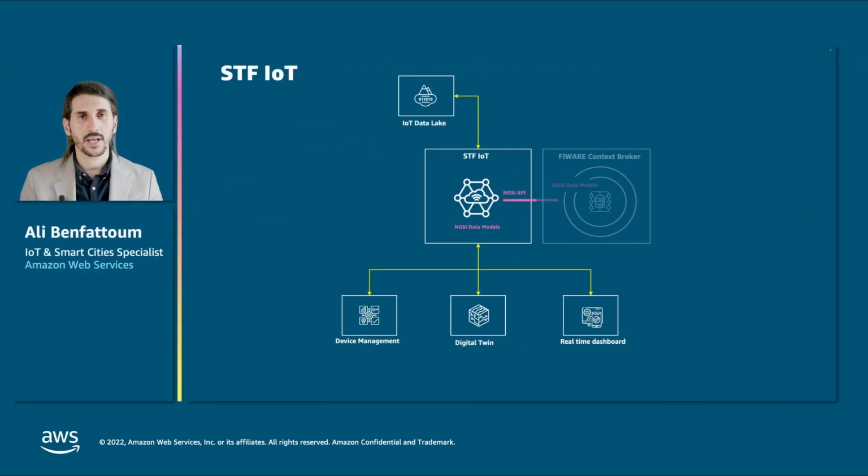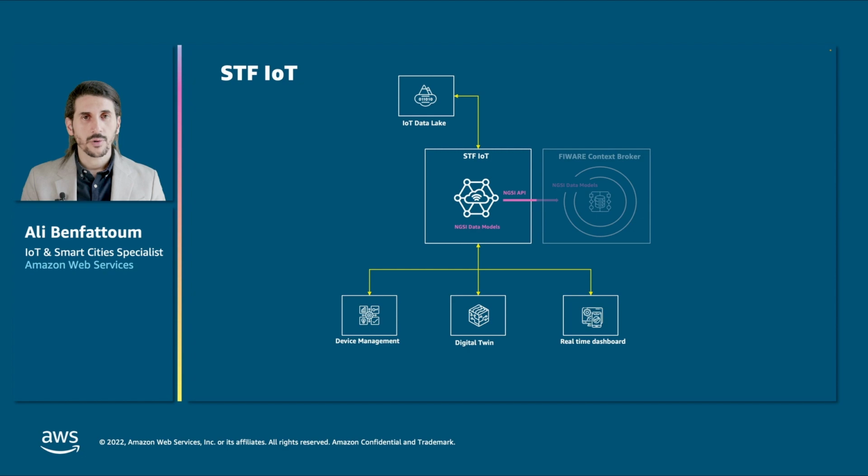Still serverless and built around the context broker, the STF IoT module expands its capabilities, enabling territories to ingest IoT data at scale from multiple and heterogeneous sources with advanced device management capabilities, like for example, a registry of all the devices and sensors deployed in the territory, regardless of the operating model, the technology, and the connectivity used.